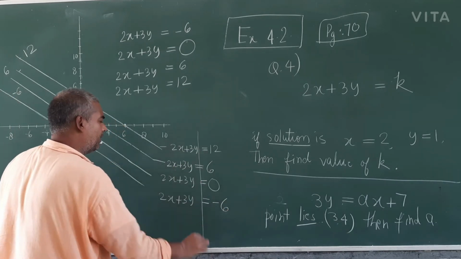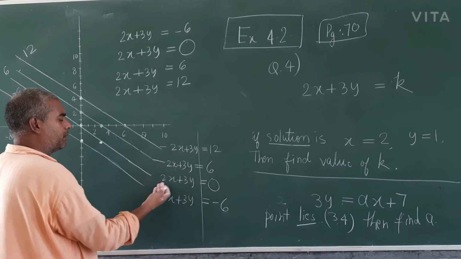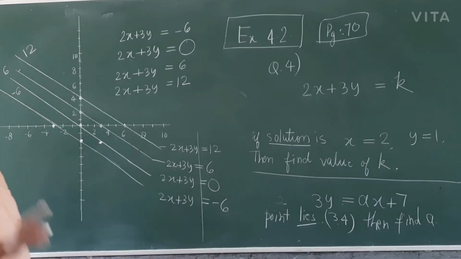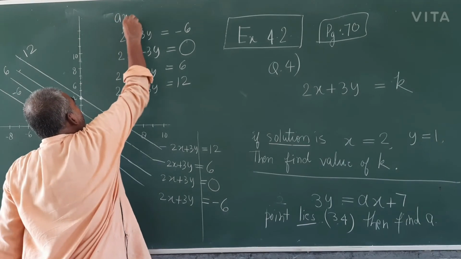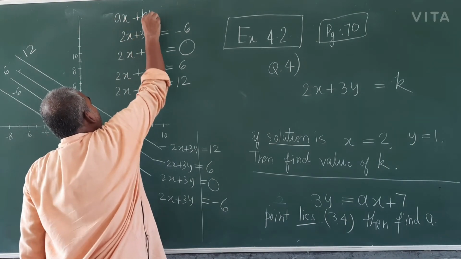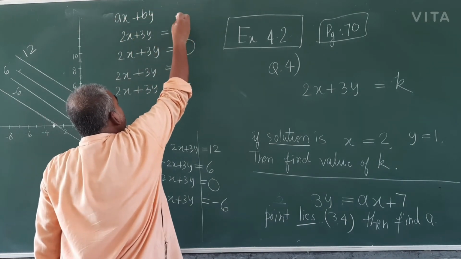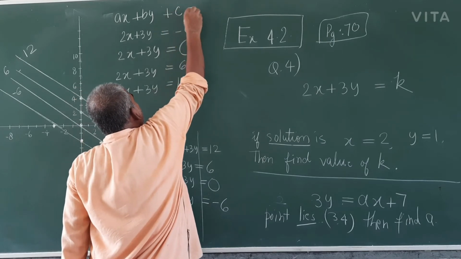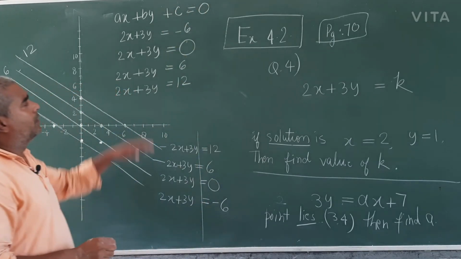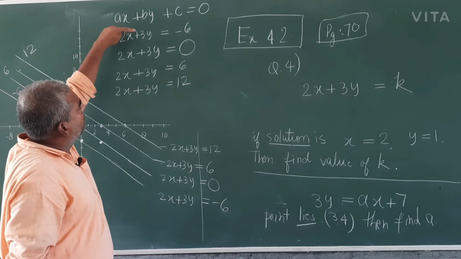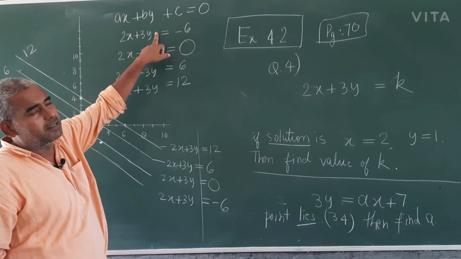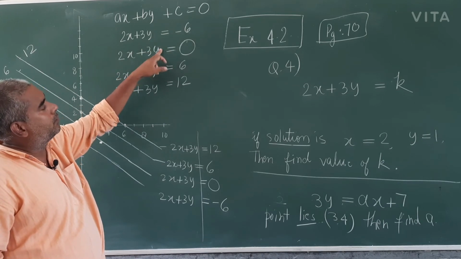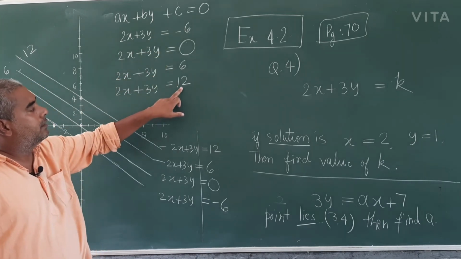You see, these are common: 2x plus 3y, 2x plus 3y. In the first video I told you, this is ax plus by plus c is equal to 0. For this, a is equal to 2, b is equal to 3, and c is k, which will be 6, 0, or minus 6.